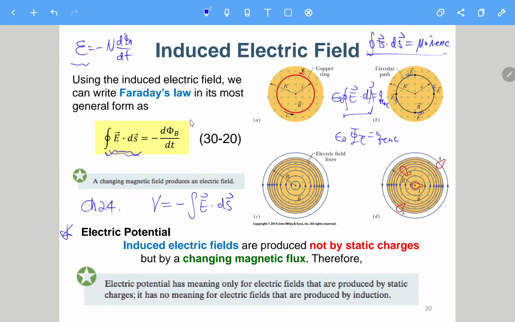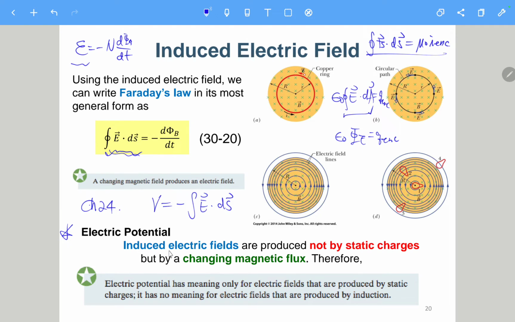As long as we have magnetic flux changing or B field changing, then this closed line integral is not 0 anymore. So when we have magnetic field changing or magnetic flux changing, try to avoid using the concept of electric potential. Otherwise, you may make mistakes. You may consider, oh, this is nothing but 0, so all of them are 0. Then, just wrong.